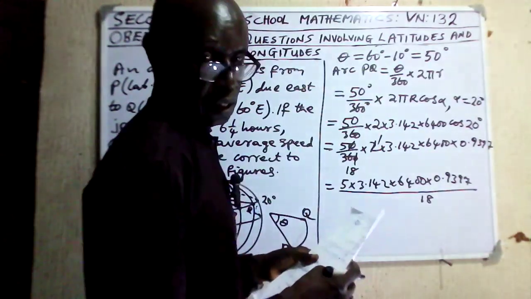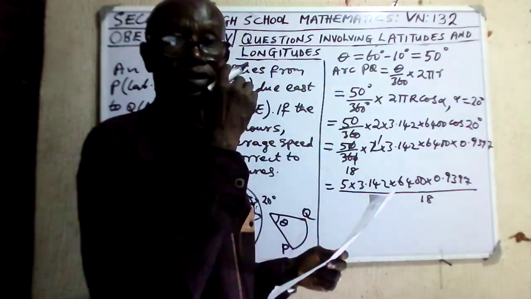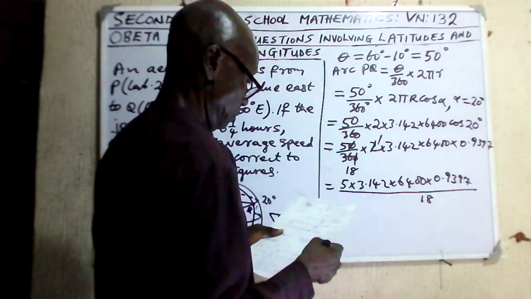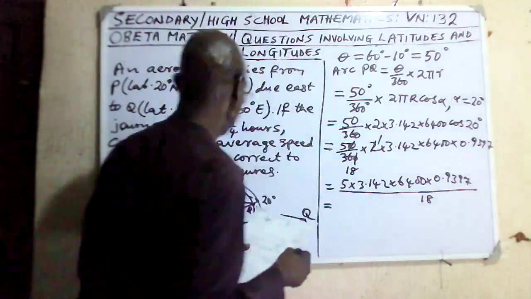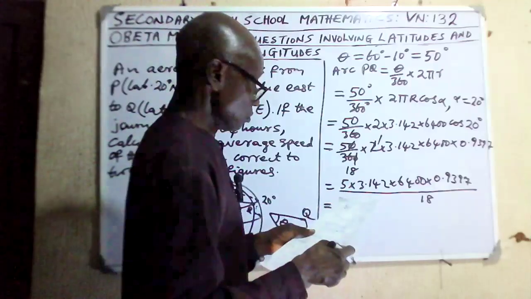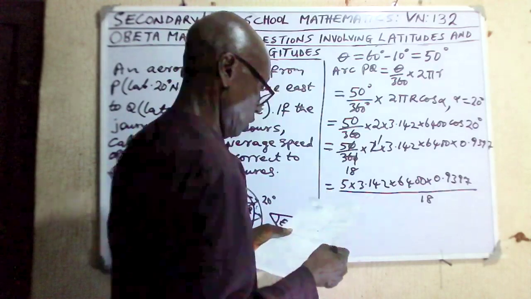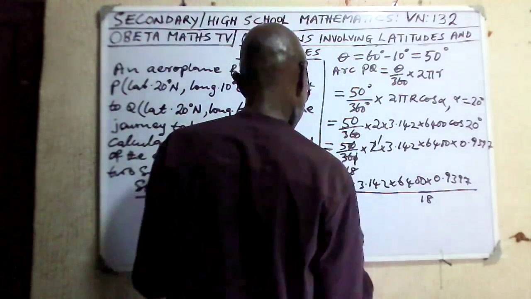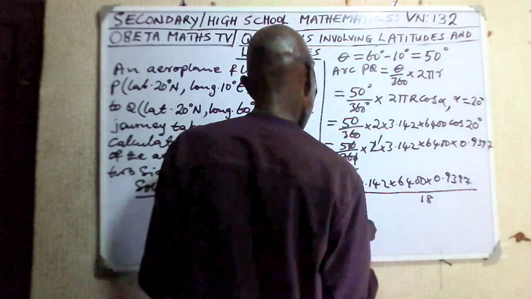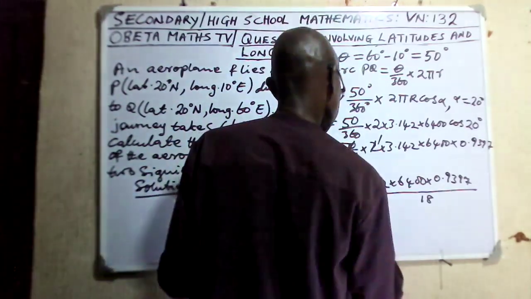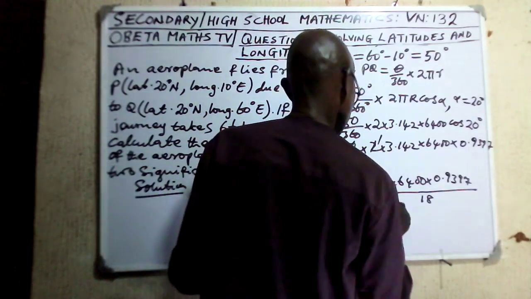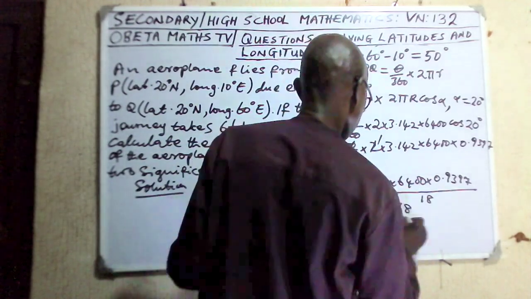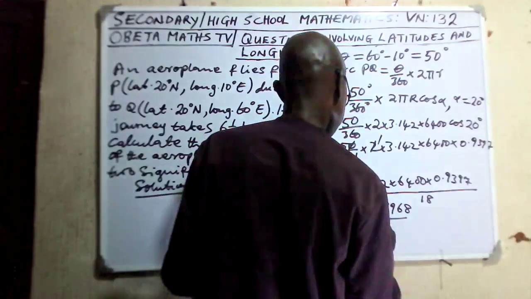So when you now continue, you will have, this will give us 94481.1968 all over 18.